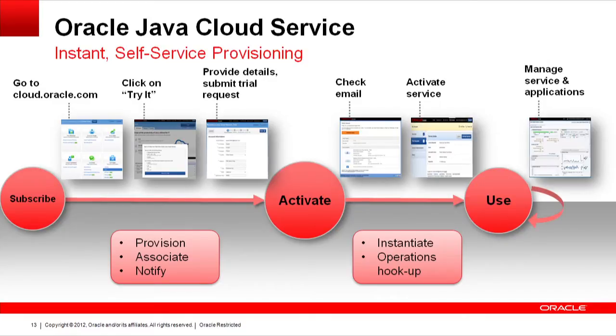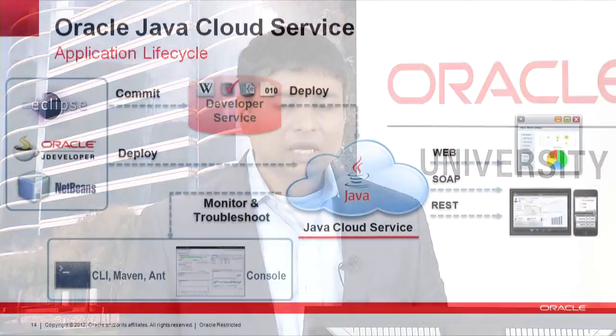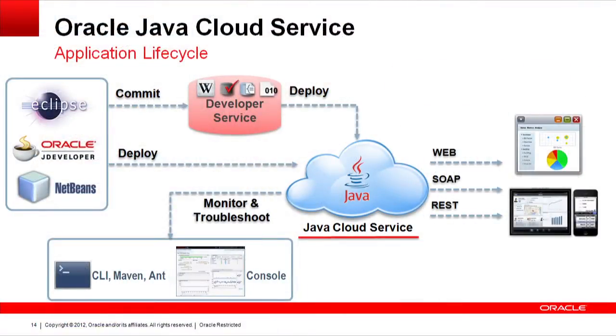And Java Cloud Service, as I said, you start using it with the existing tools that you use today. Nothing new to learn. There are a few consoles that give you information metrics about your service, and I'll show you that. But other than that, development is through the same IDEs and same tools that you use for any Java EE environment. The application development lifecycle is the same.